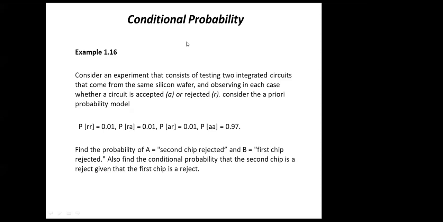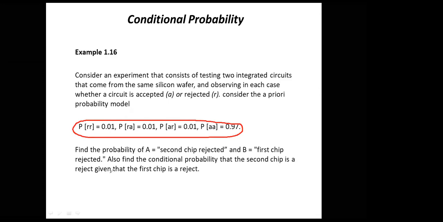What are these probabilities? The probability of the two circuits being rejected is 0.01, right, and all of the preceding ones are intersections. We are talking about two circuits, two integrated circuit (IC) checks. Don't look at one thing, a priori probability.